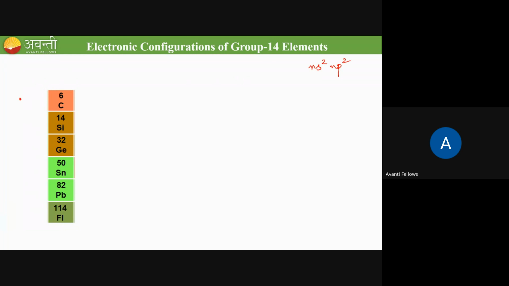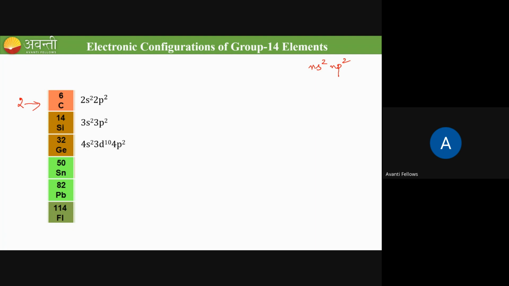Since carbon belongs to the second period, the configuration would be 2s2 2p2. For silicon, 3s2 3p2. For germanium, 4s2 4p2, but in between 4s and 4p, the 3d orbitals are also present and fully filled. So 4s2 3d10 4p2.